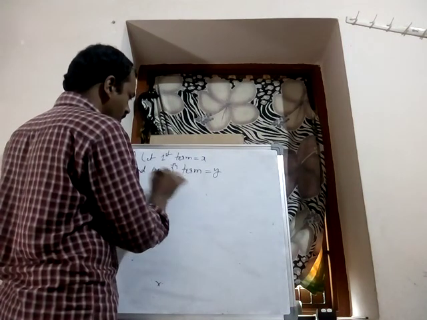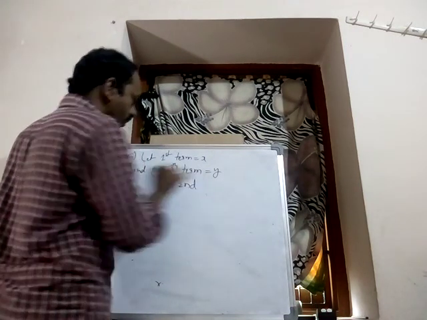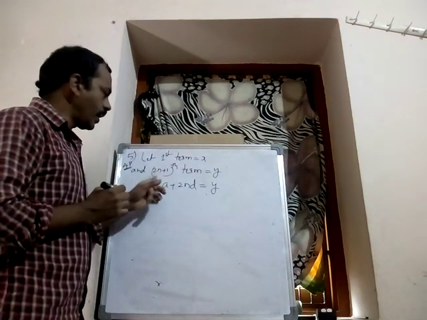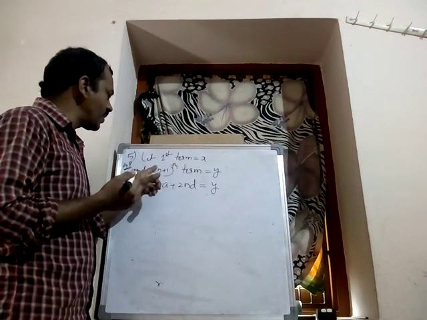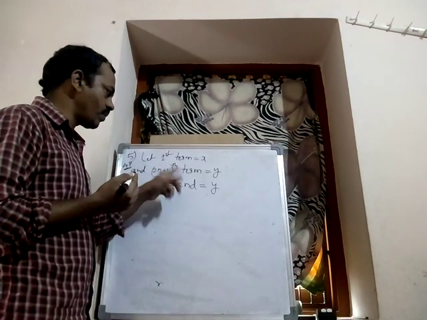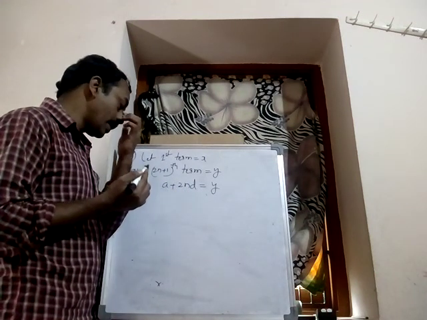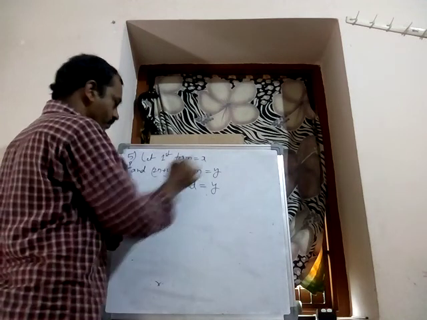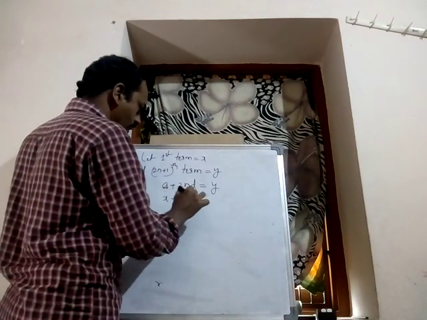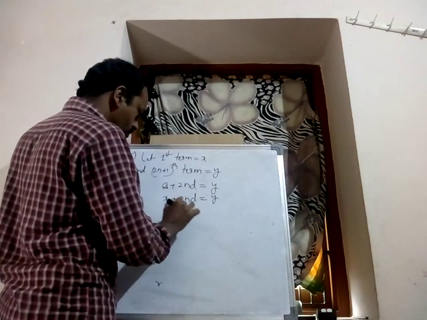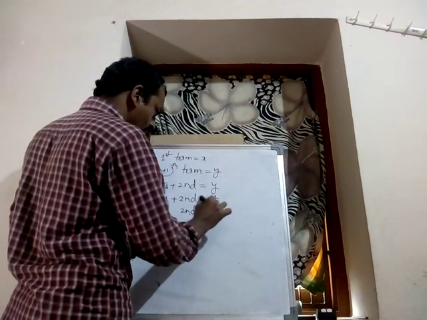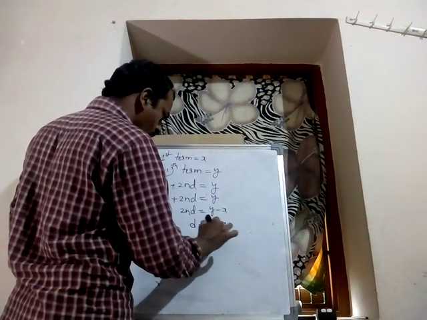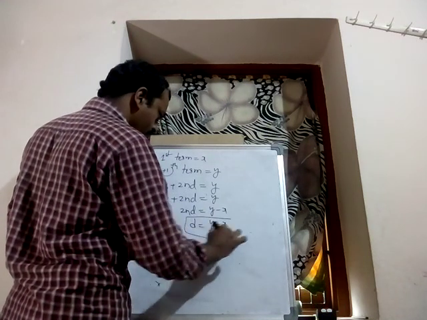A plus 2n into d is equal to y. Okay, a plus n minus 1 into d, n means here 2n plus 1 minus 1, plus 1 minus 1 cancel. A plus 2n d is equal to y. d is common difference. A means first term x plus 2n d is equal to y. So 2n d is equal to y minus x. So d is equal to y minus x by 2n. So we get d value.